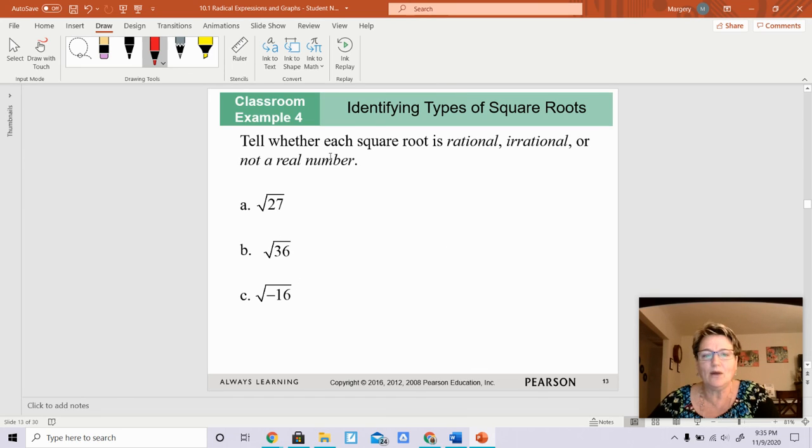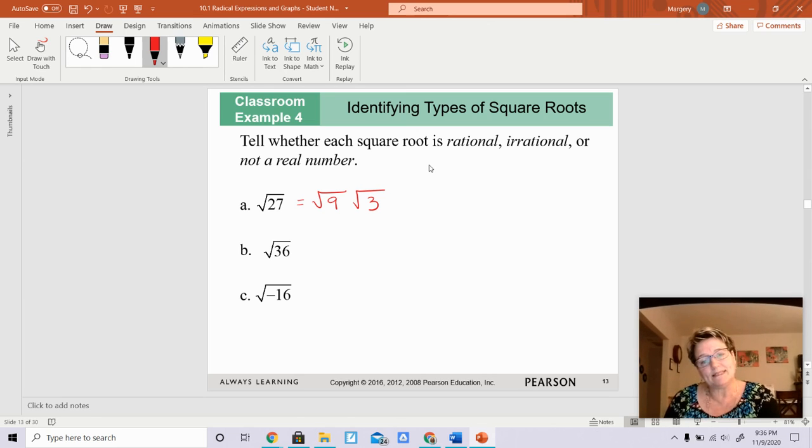So on this one, tell whether each square root is rational, irrational, or not a real number. When it's not a real number, what it means is you have a negative under the radical. So on this one here, the square root of 27, I know that the square root of 9 times the square root of 3 is the square root of 27. Whatever's under the radicals, you can multiply them together.